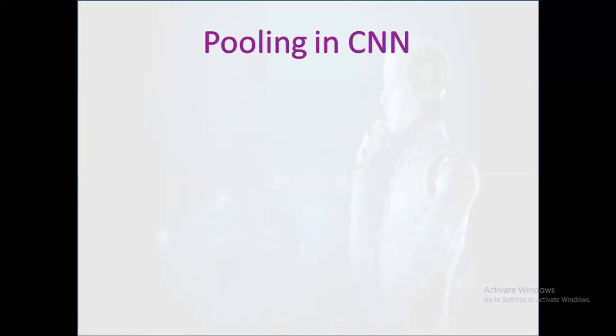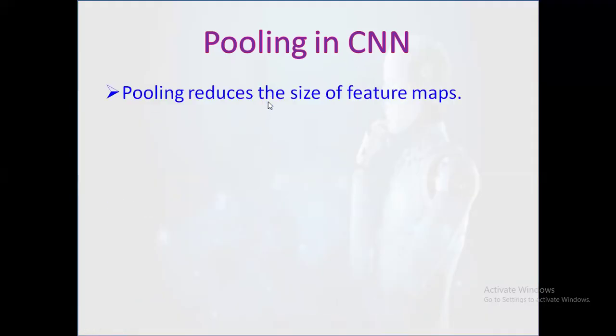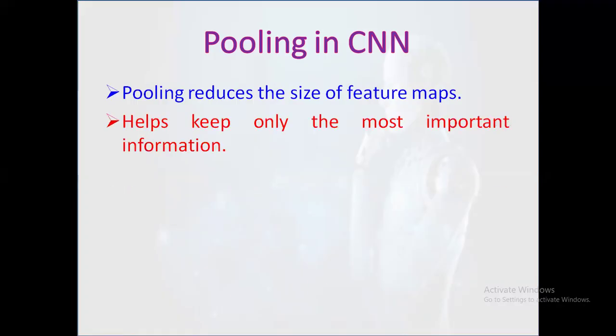First, we'll see what pooling is in CNN, that is, convolution neural networks. Pooling is an essential operation in convolution neural networks that reduces the spatial dimensions of feature maps while retaining the most important information.